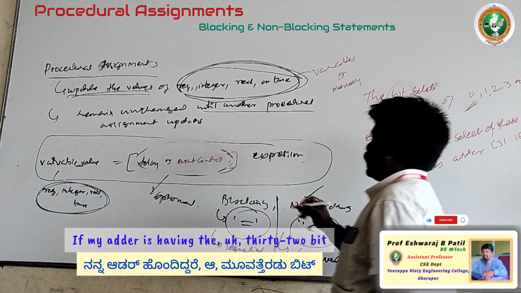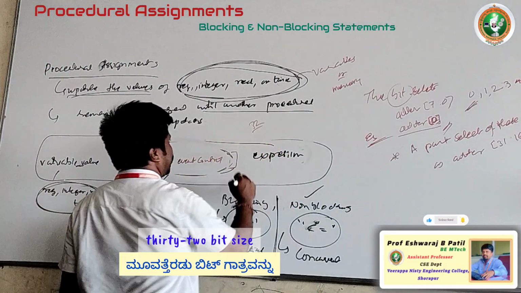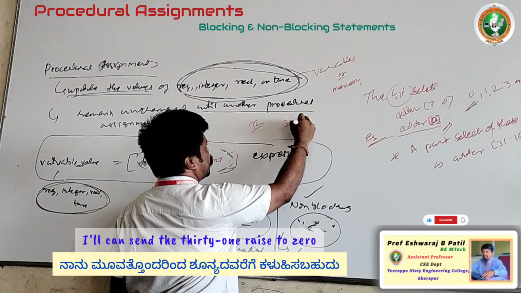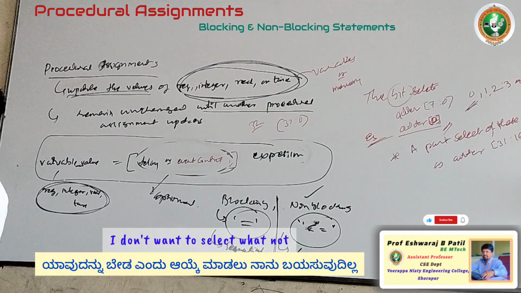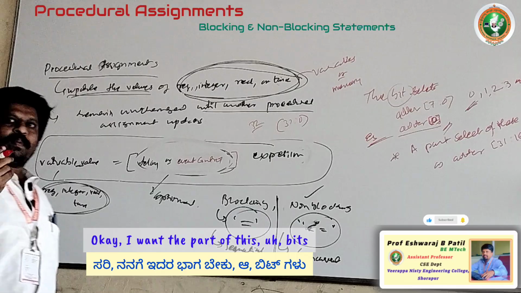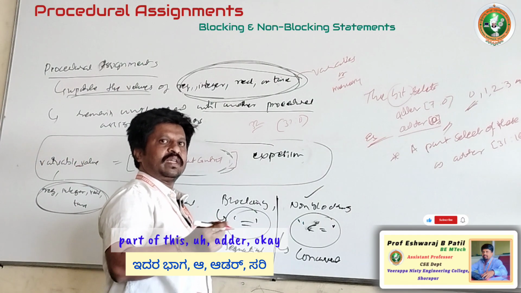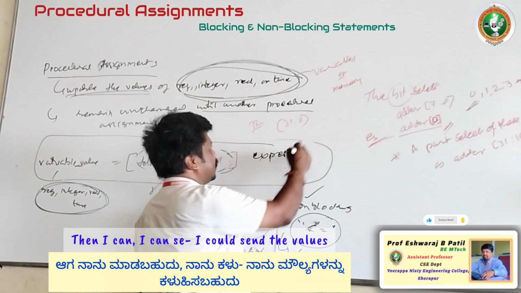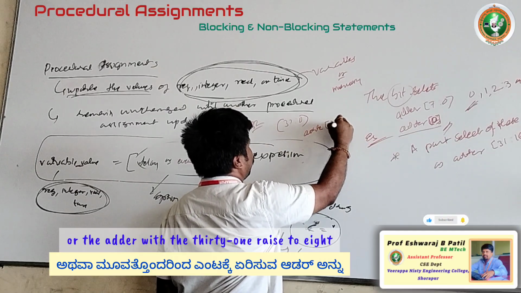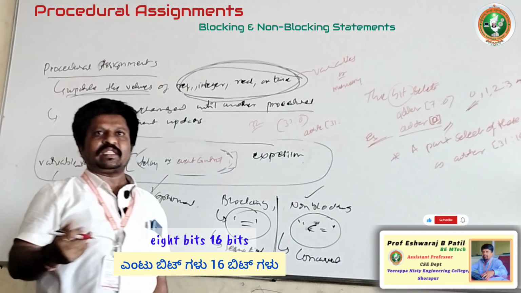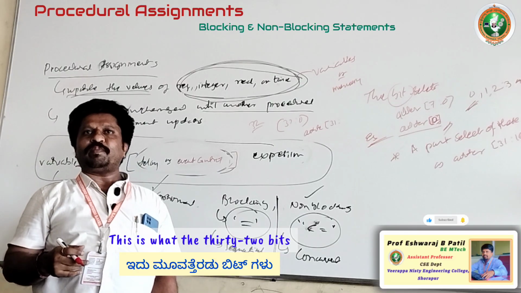If my adder is 32 bits in size, I can send 31:0. Among these complete 32 bits, I don't want to select all; I want a part of this adder. Then I could send the adder with 31:8 bits. This is the 32 bits.